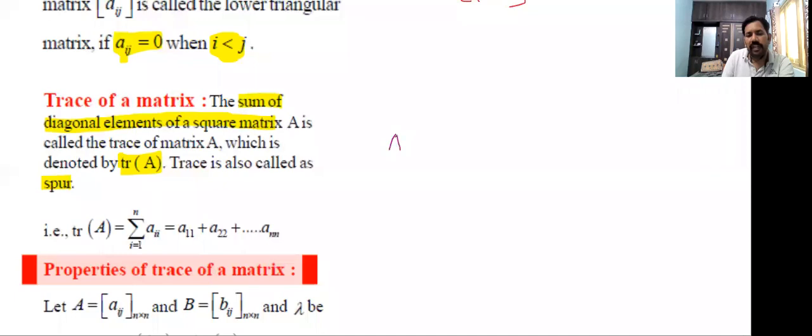This is a matrix: 1, 2, 3, 4, 5, 6, 7, 8, 9. What are the principal diagonal elements here? These are the principal diagonal elements. They are asking for the trace of the matrix.